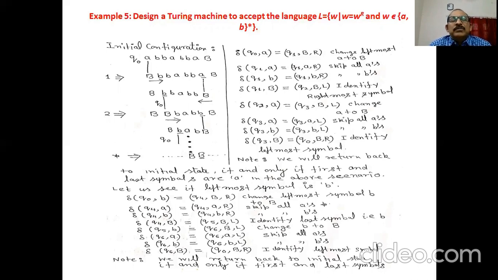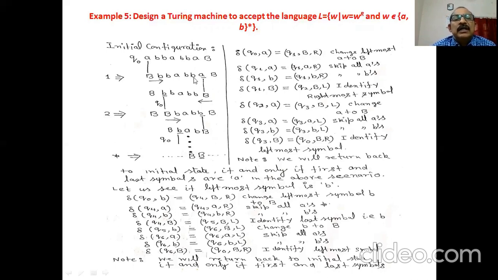Here we use the same technique. We delete the first symbol. Suppose the first symbol is a, and we move in the right direction, and the rightmost symbol should be a, and we convert this a into a blank symbol, or we remove this a.